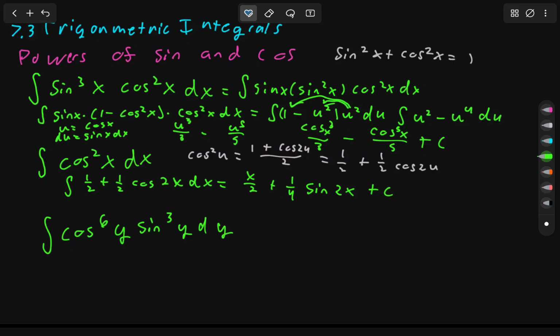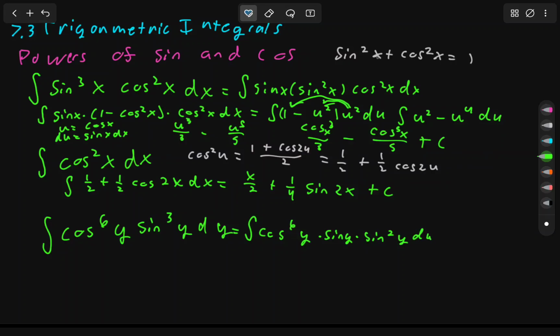This next integral, I think, is a wide idea because sine here is an odd power. We're going to get sine in terms of cosine. So this becomes the integral of cosine to the 6th of y times sine of y times sine squared of y dy.